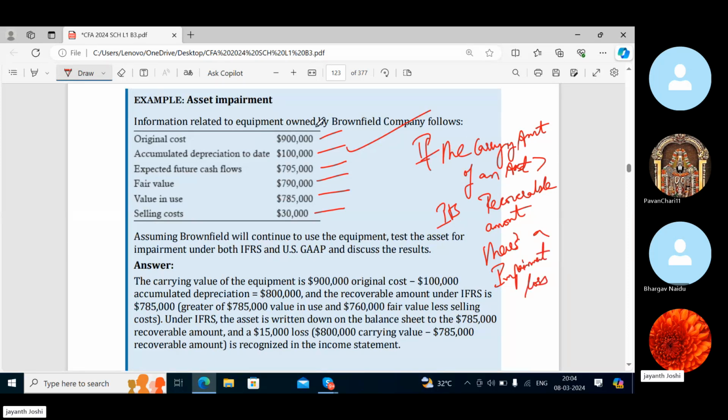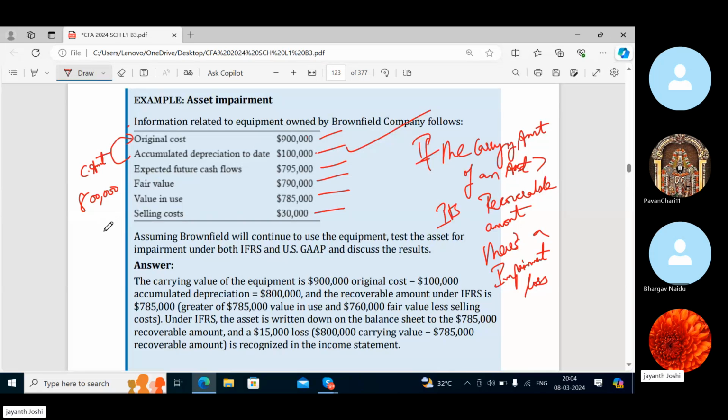Here the carrying amount you will get only after deducting the accumulated depreciation from original cost. So that is what we will calculate. 800,000 is your carrying amount. I deducted this from this, and I have to compare this with my recoverable amount.